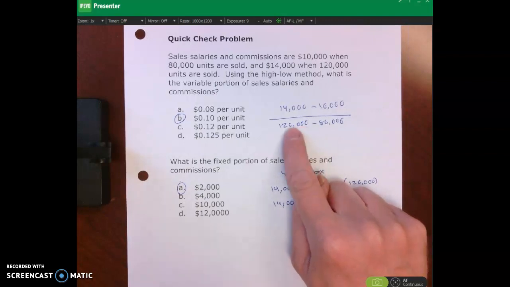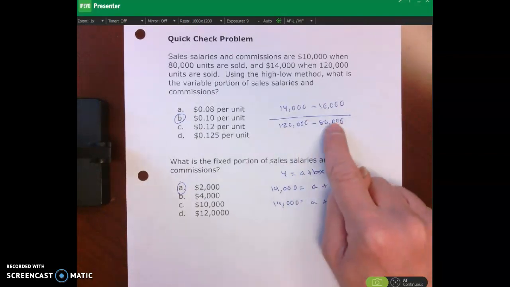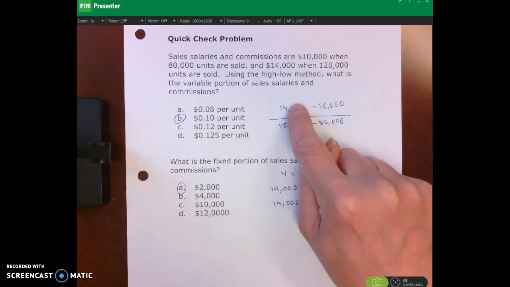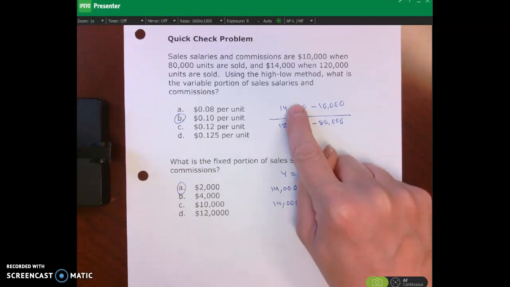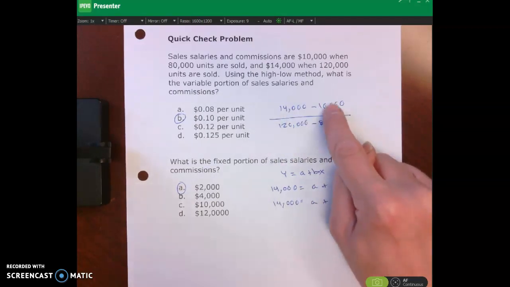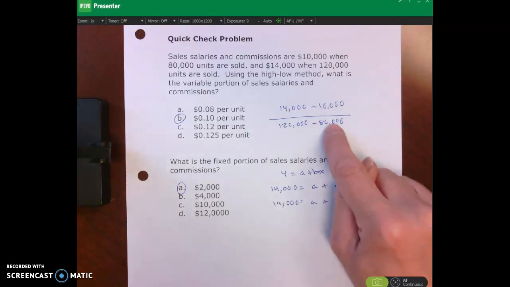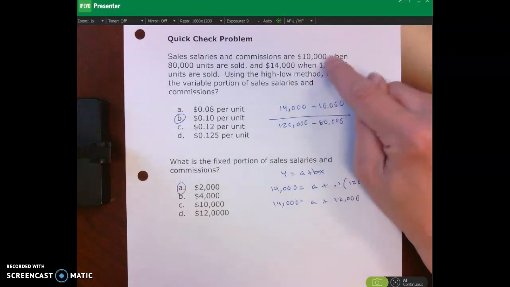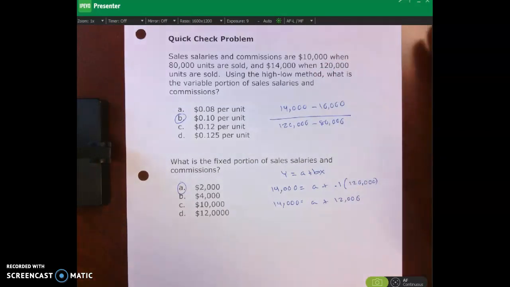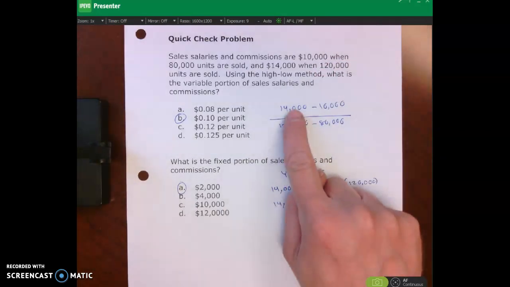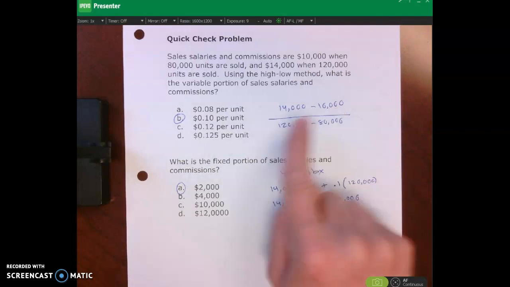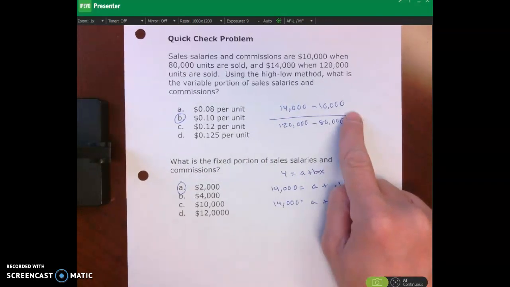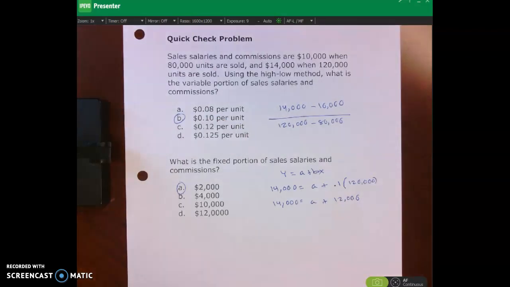So we take the high base minus the low base, and then the corresponding cost with the high point minus the corresponding cost with the low point. Now in this situation, this problem's a little bit easier because we only have two data points, which are the high and the low. But anyways, we take the difference in cost divided by the difference in the base, 10 cents per unit.